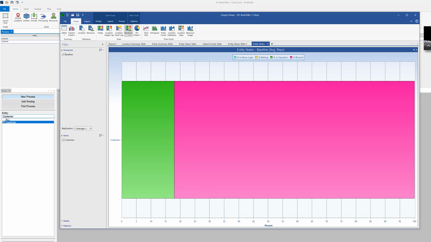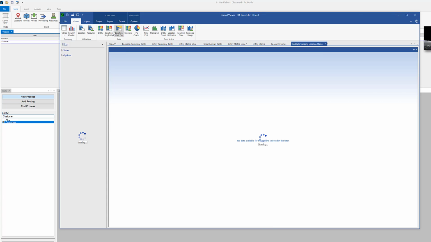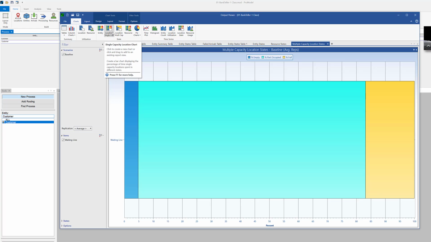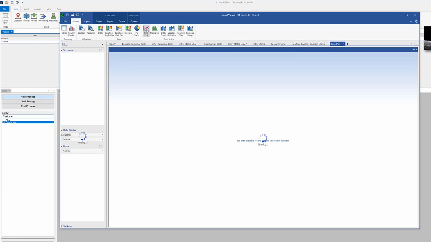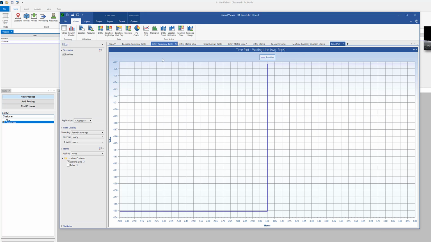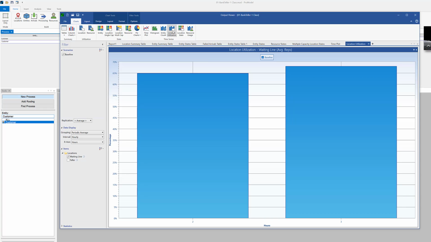These are individual charts. The charts that were in the dashboard are given here. Well, some of these charts don't make sense for our simple situation.